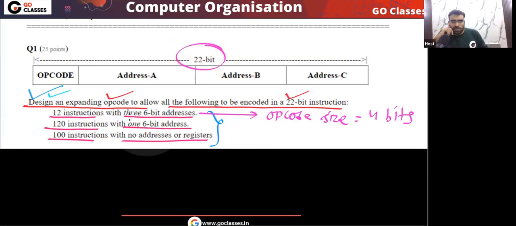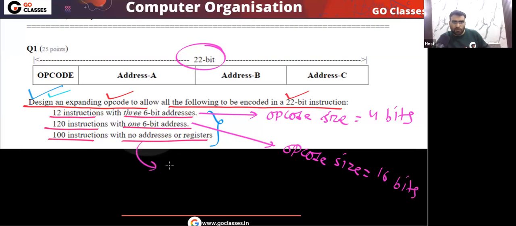For the 1 address instruction, with one 6-bit address, the opcode size will be 16 bits. And for the no-address instructions, the opcode size will be 22 bits.